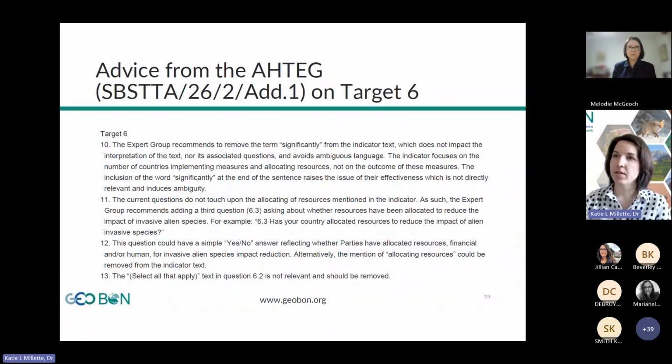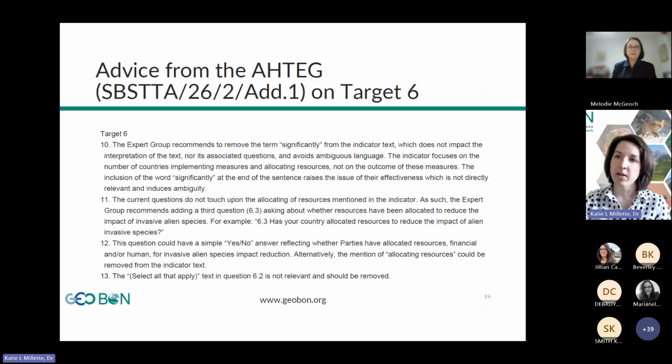The indicator focuses on the number of countries implementing measures and allocating resources, not the outcome of these measures. The inclusion of the word significantly at the end of the sentence raises the issue of their effectiveness, which is not directly relevant and induces ambiguity. So that is potentially some advice that might be considered at SBSTA.